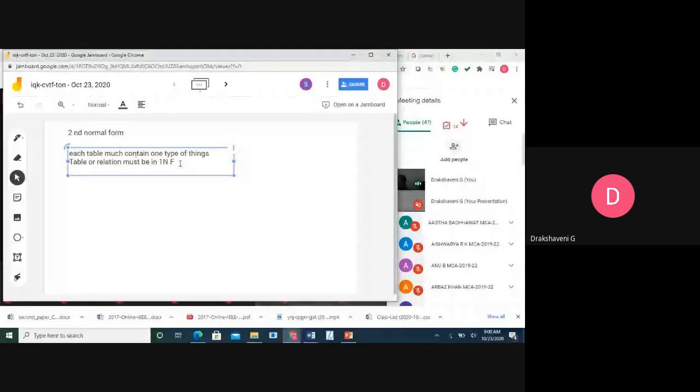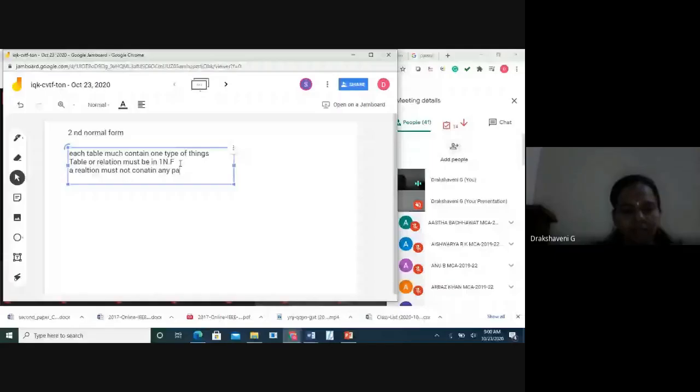One more, it says a relation must not have partial dependencies. What do we mean by this? So let us see.